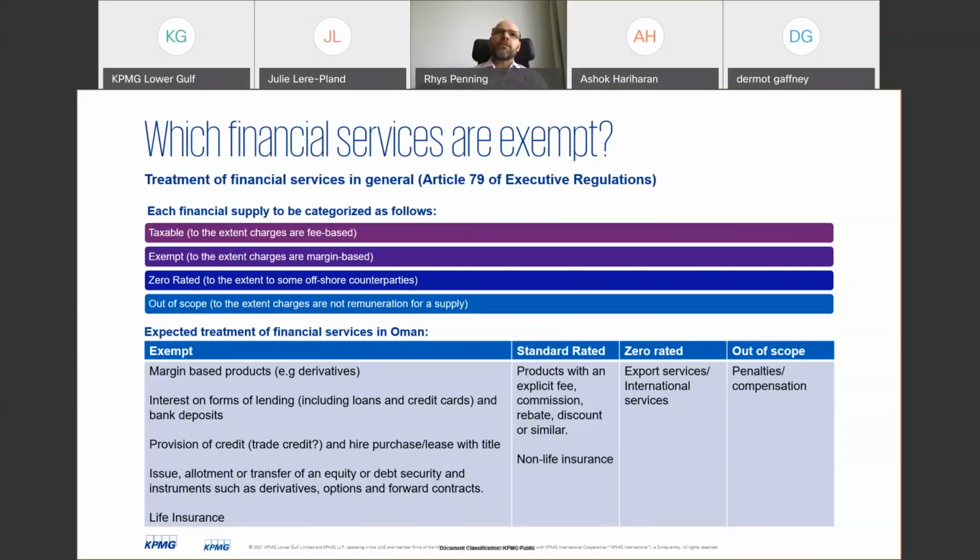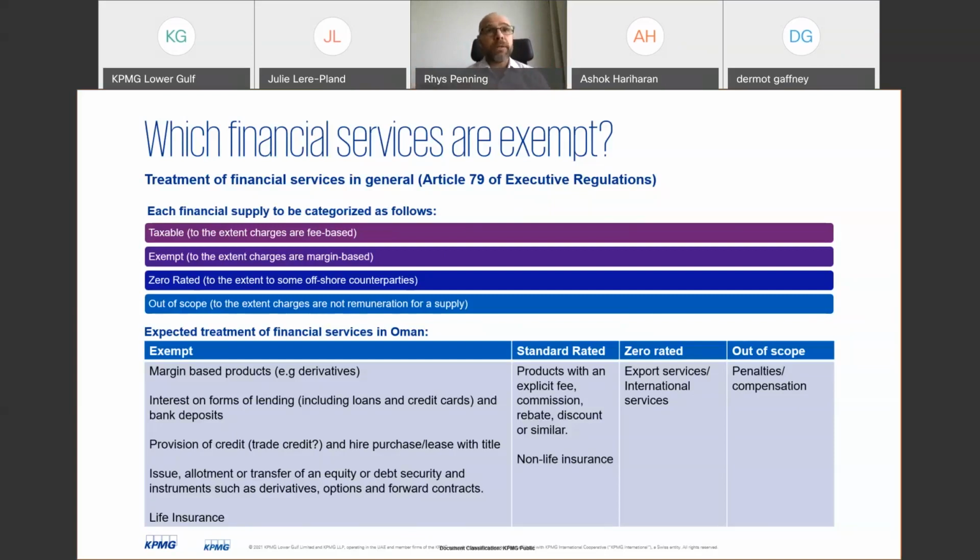It has to be a financial service covered by Article 79 to be exempt. If it's not covered by Article 79, or as we see, it's explicitly excluded from being exempt, then it is standard rated taxable. So not everything that you do in the FS sector will be exempt. Only those limited things expressly covered by 79.